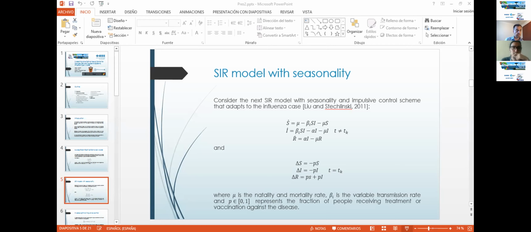So, on other matters, with the dynamic complex network, we have this model for node I, and we have here the self-dynamics of the node and the interaction with other nodes.